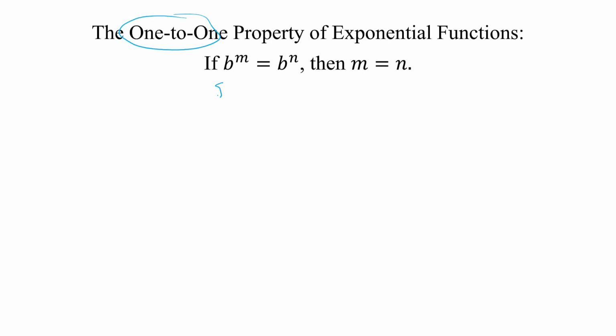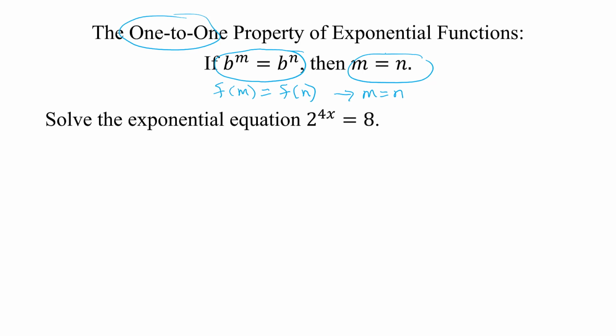For example, if we have f of m equals f of n, and f is a one-to-one function, then that tells me that m has to equal n. So that's where we get our one-to-one property of exponential functions, which says if b to the m equals b to the n, then m equals n.